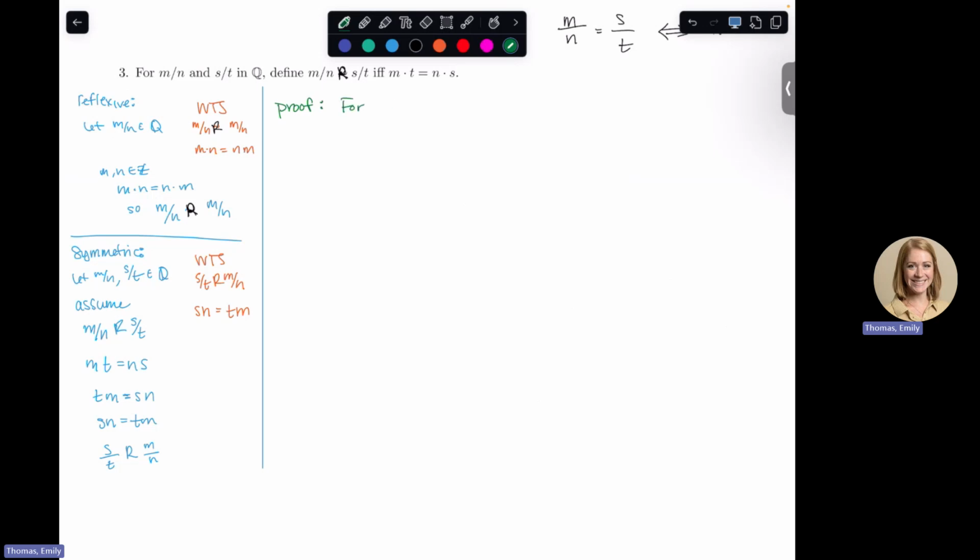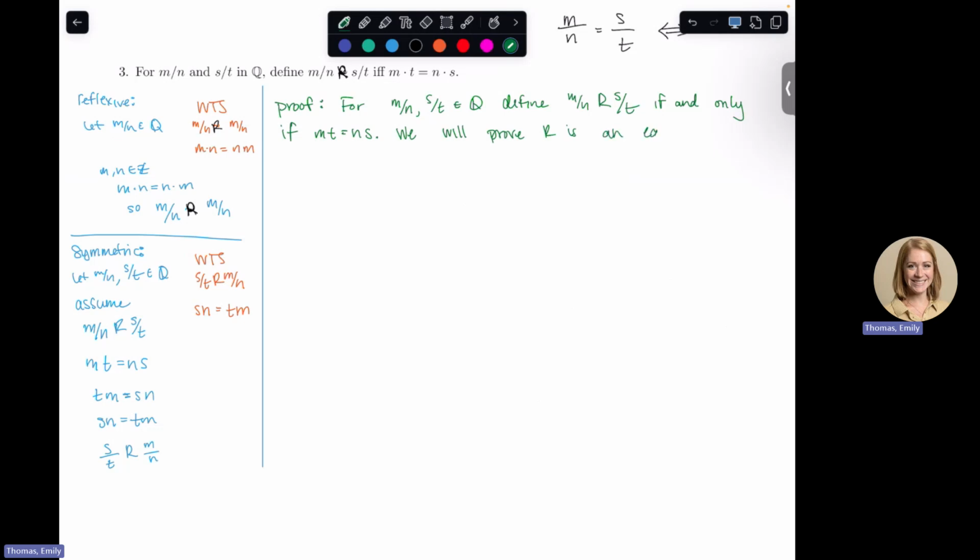Okay, for M over N and S over T in Q, define M over N is related to S over T if and only if MT is equal to N times S. We will prove R is an equivalence relation.